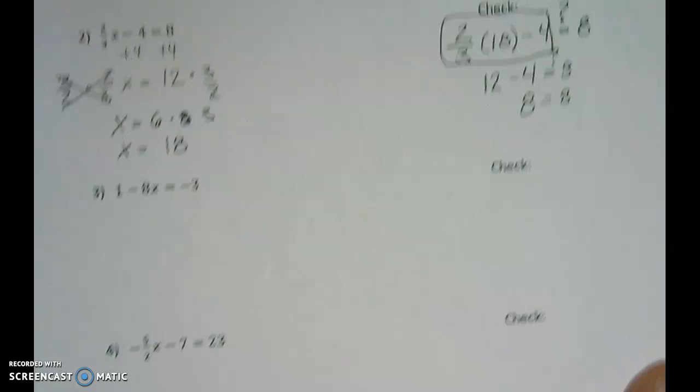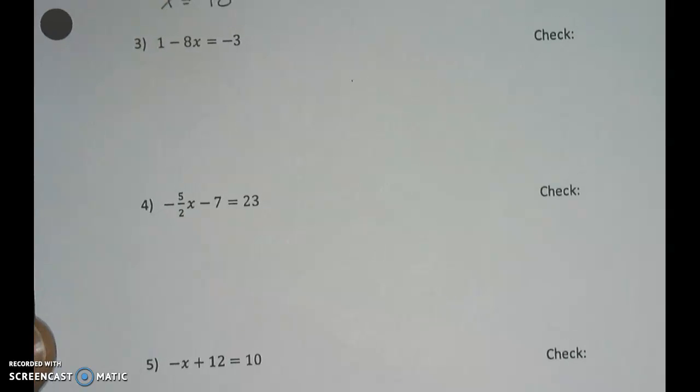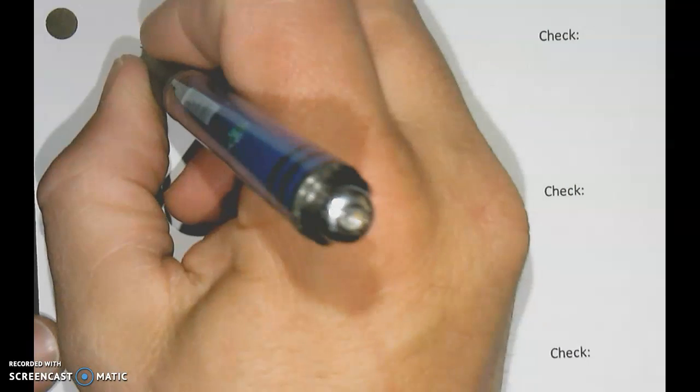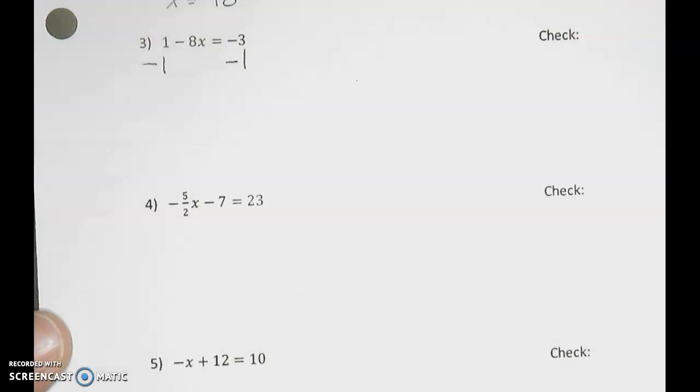Okay. So number 3, what do you guys see? Okay, so why do you think we have to add the 1? Well, am I subtracting the 1? Right, so 1's actually positive, so I actually need to do -1 to both sides.